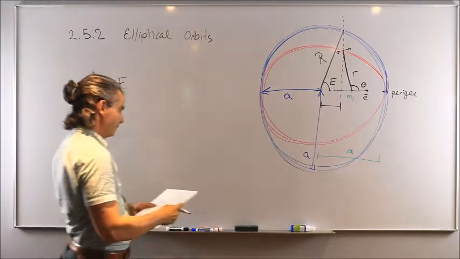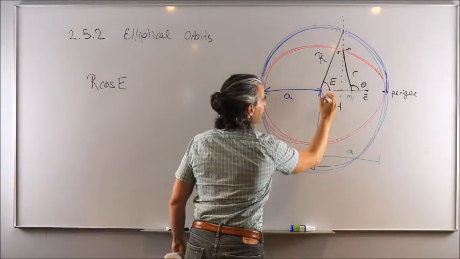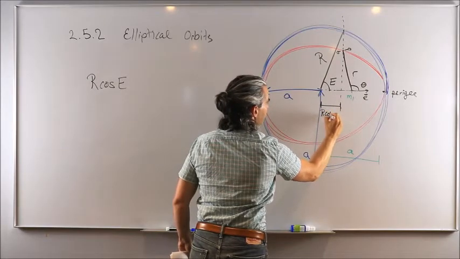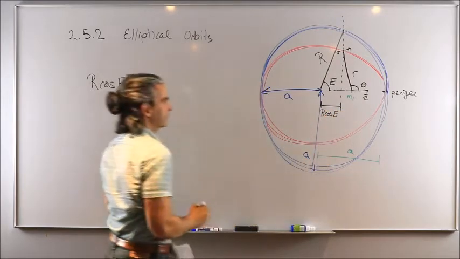Okay? So just this guy here. This is capital R cos eccentric anomaly.